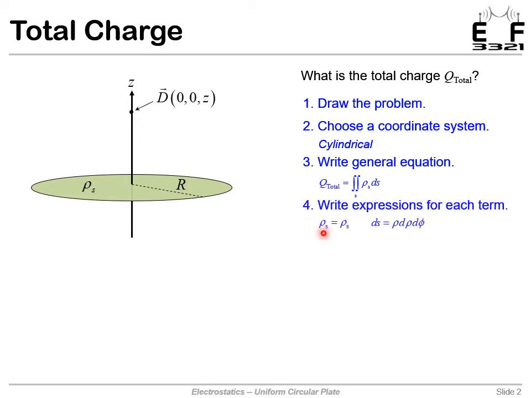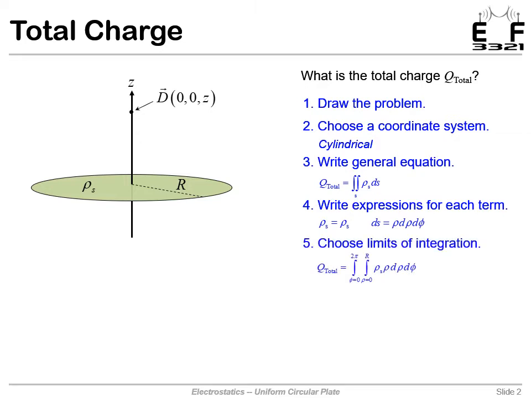The expression for our rho s is just rho s because it's a constant. Recalling our discussion of cylindrical coordinates, the differential area in this case will simply be rho d rho d phi, and that's what we'll put in for ds in our integral.